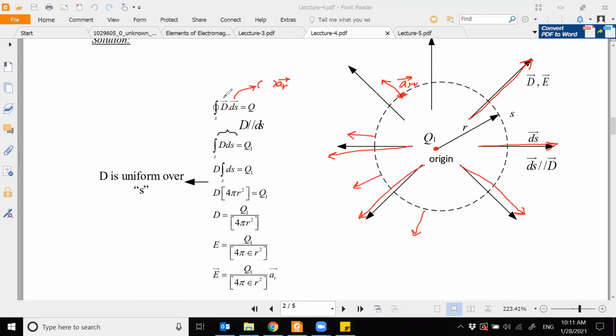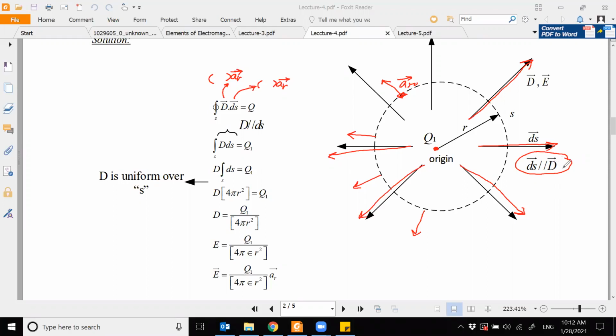Now, the electric flux density D bar will also have some magnitude. And what is its direction? Its direction is also AR, radial. So in a way, this is satisfying: your dS bar vector is becoming parallel to your unknown electric flux density vector, because we know its direction.